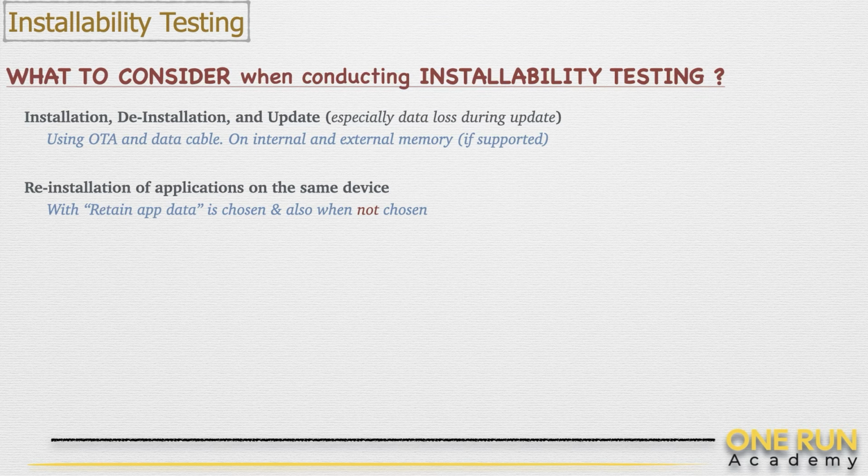Now, reinstalling an application is another aspect we must consider. Consider this scenario where users might uninstall and then reinstall the app. Test both options: retain app's data selected and retain app's data not selected. When users choose to keep their data, reinstallation should bring back their settings and data.